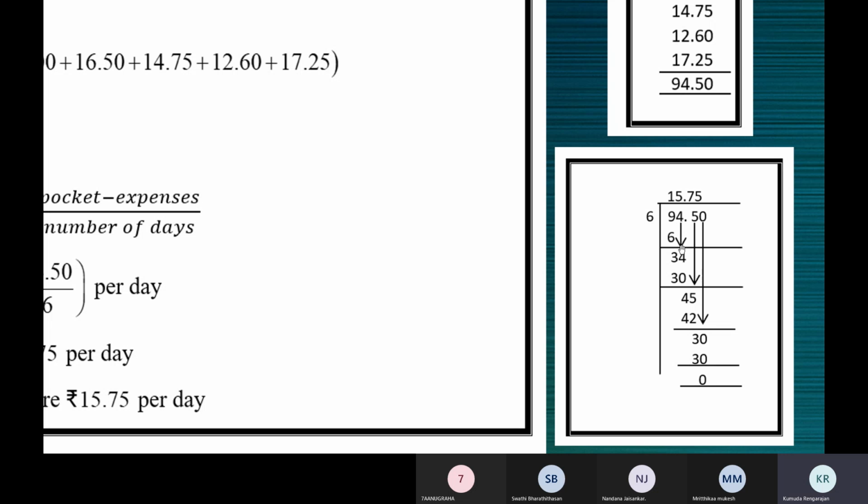The next digit comes down. So 4 comes down. 4 is well before the decimal point, so you don't have to place a decimal point here in the quotient.